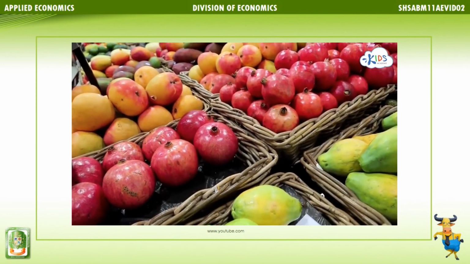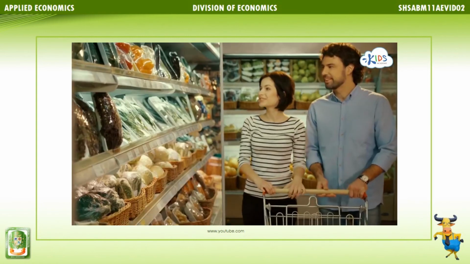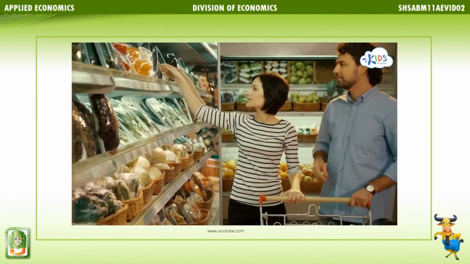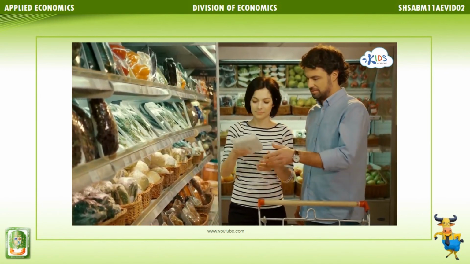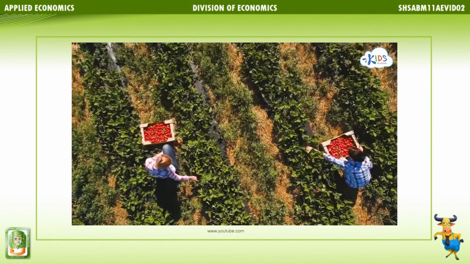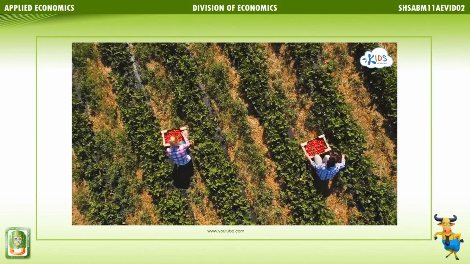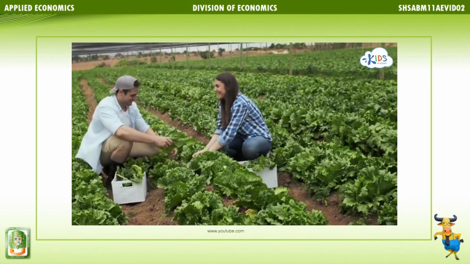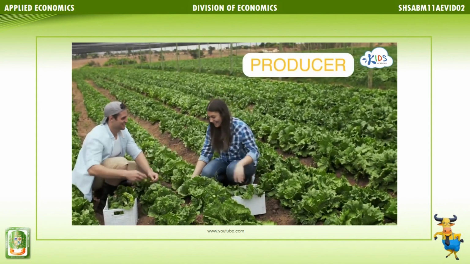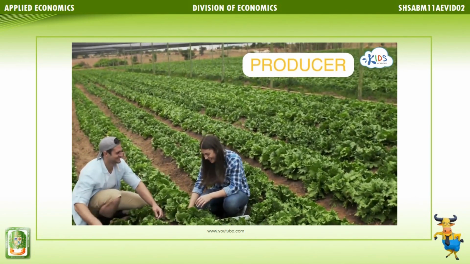Did you ever wonder where all this food comes from? Well, let's find out. Look at the produce section. Fruits and vegetables are grown by farmers. This means that farmers are producers. A producer is someone who makes something.